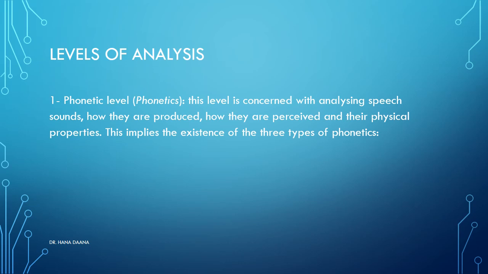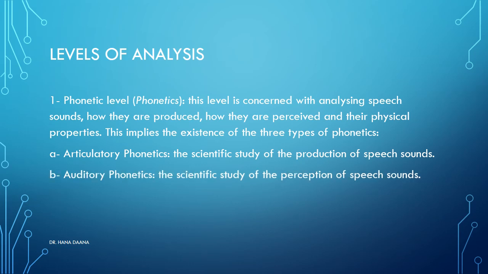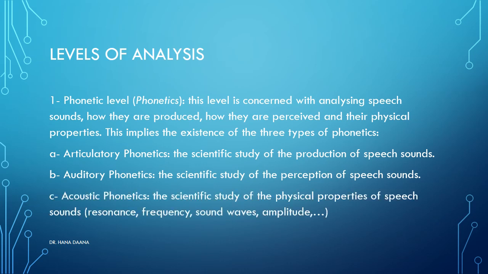This implies the existence of three branches of phonetics: articulatory phonetics, the scientific study of the production of speech sounds, or how sounds are produced; auditory phonetics, the scientific study of the perception of speech sounds, or how sounds are perceived; and finally acoustic phonetics, the scientific study of the physical properties of speech sounds. By physical properties we mean the resonance, sonority, frequency, sound waves, amplitude of sounds, and so on.